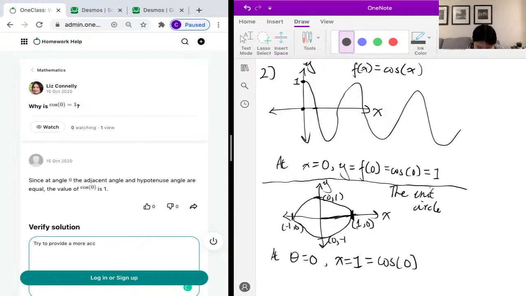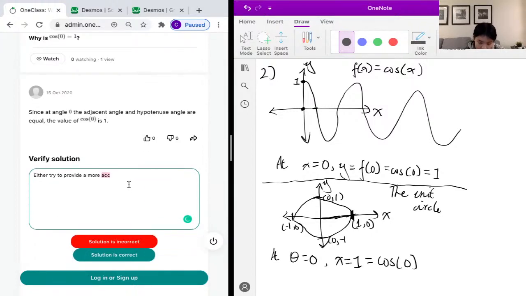Okay, let's just say either try to provide a more in-depth explanation in terms of the sine function or unit circle, or add sentences illustrating why the sine of 0 is not 1, because the sine of 0 is 0.